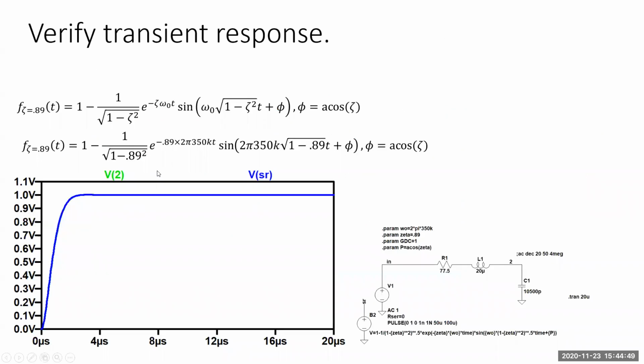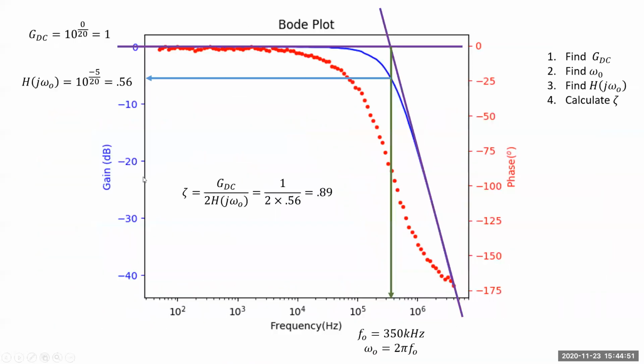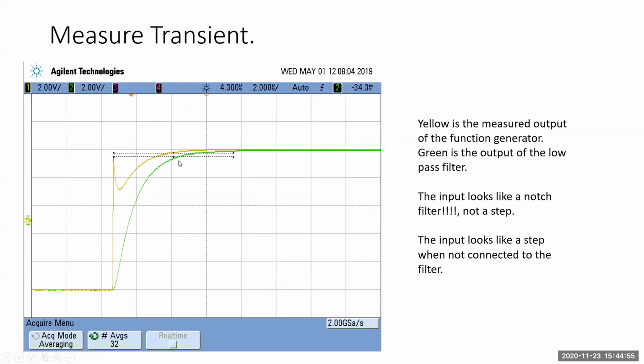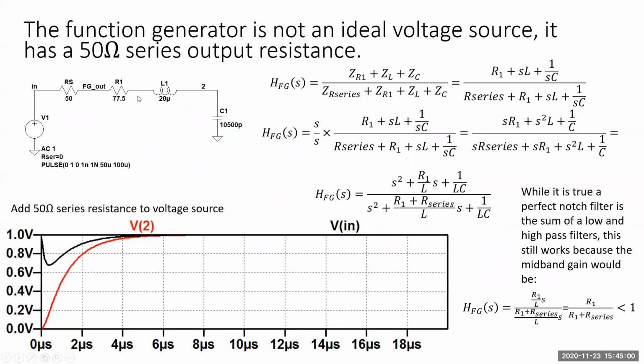But the Bode plot is working, right? This really worked. It's a low pass Bode plot, but I wasn't taking into account the 50 ohm series resistance. Every function generator has that.